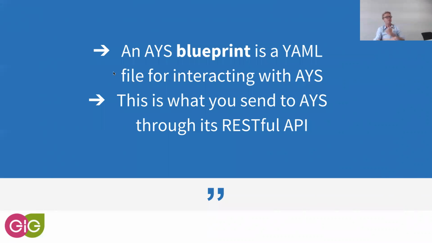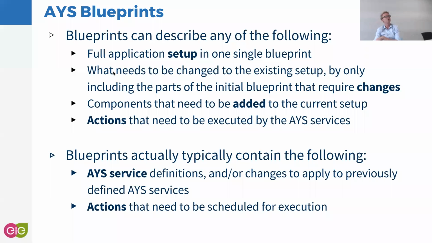And I'll show examples. Now, an AYS blueprint, what is it actually? First of all, the first bullet is about how, and the last is about what, or whatever. The blueprint is typically what you use to describe, for instance, the full application setup.